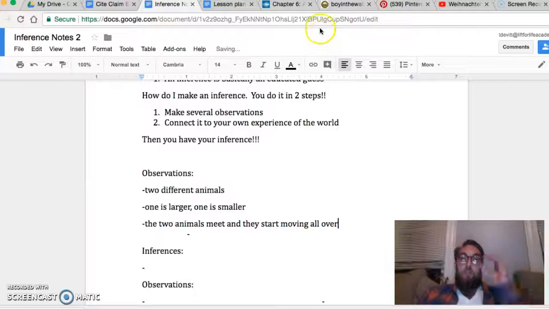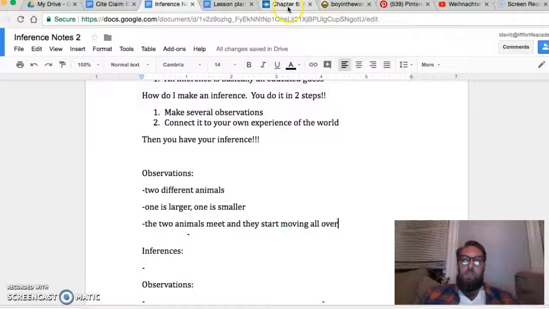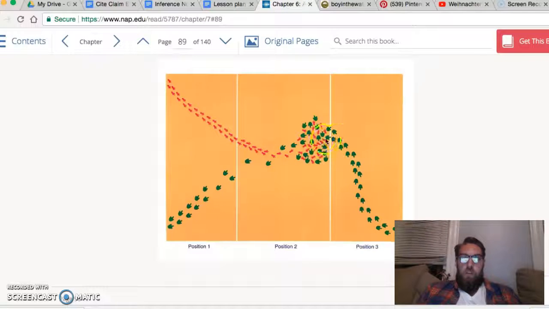Some of you at this point might be able to make an inference. Let's go a little further though. Then in position 3, there's only one set of footprints, and what you notice is that it is from the bigger animal. So what can I infer? I infer that two animals met up, they got into a fight, the bigger animal ate the smaller animal, and then walked away.